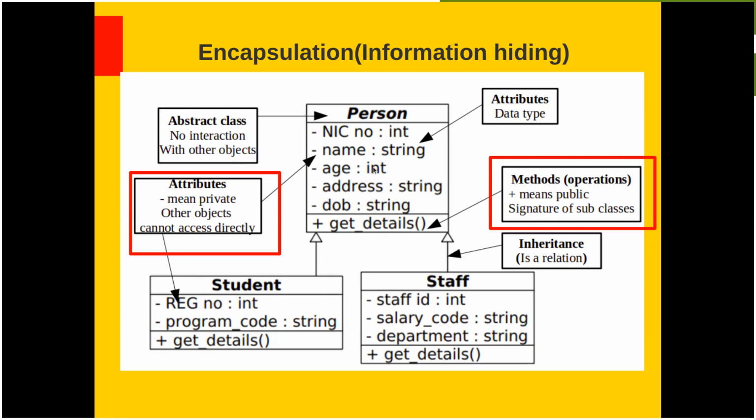If we didn't write any methods in the person class to access these attributes from the outside, we can't access them. When we graphically represent these classes, the minus sign means they are private. If we type a plus sign, they become public. We can access them from the outside.